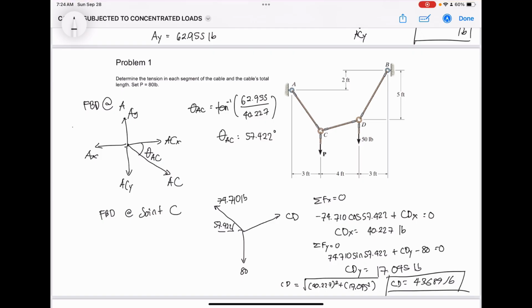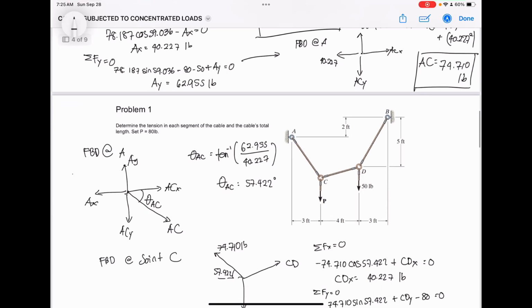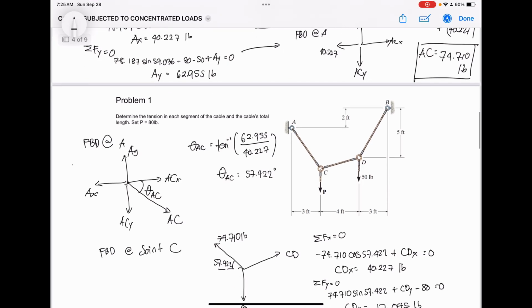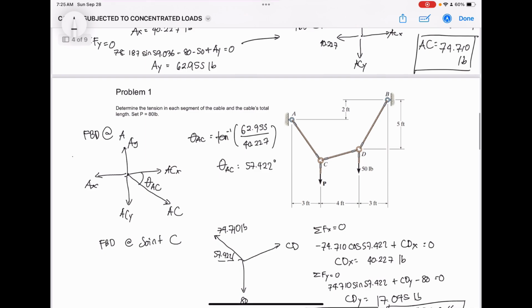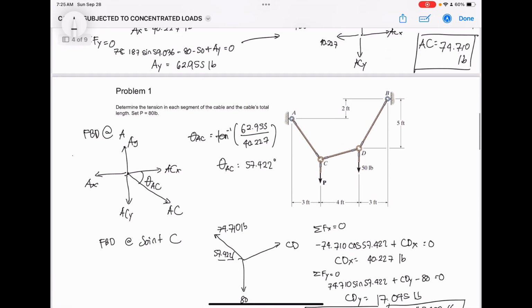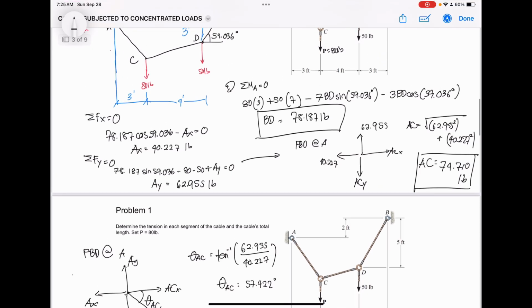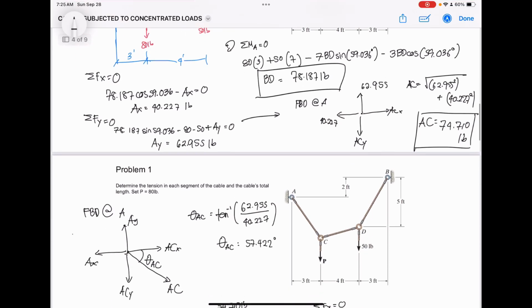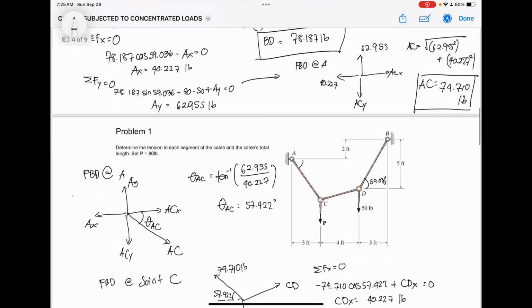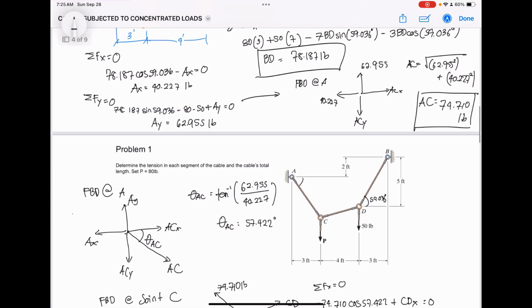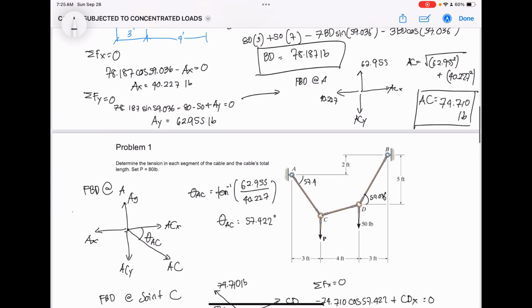Nakuha na natin yung forces, yung length naman ng kulang. Since alam na natin ang angles, we have 59.036 degrees. What we have here is 57. Ito lang hindi natin alam.